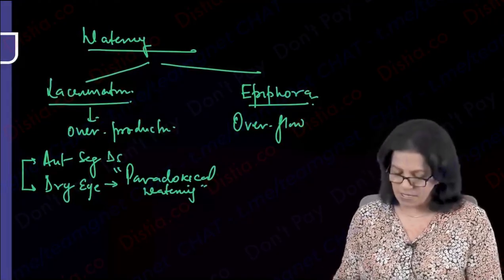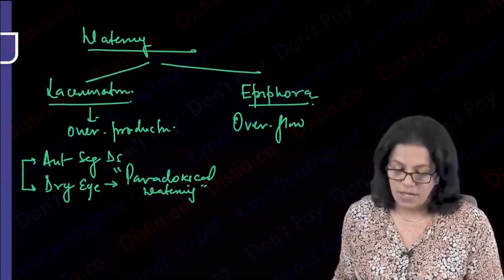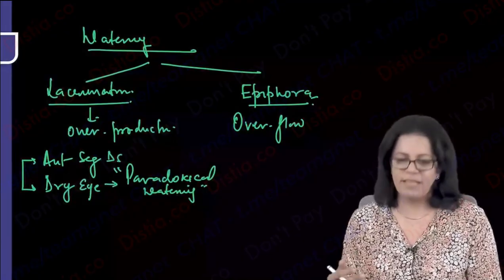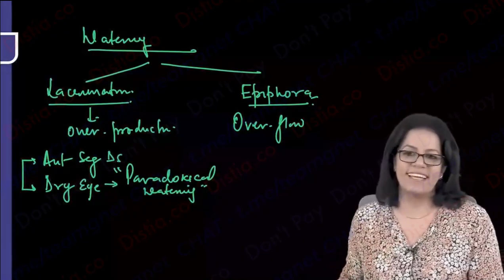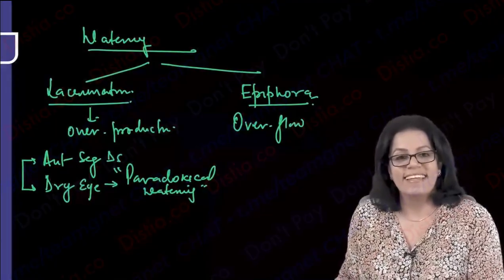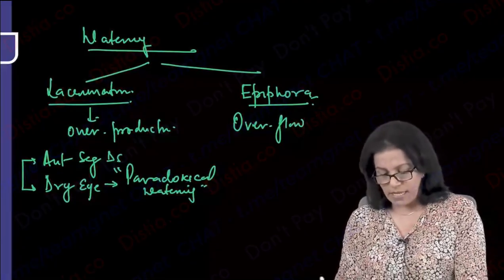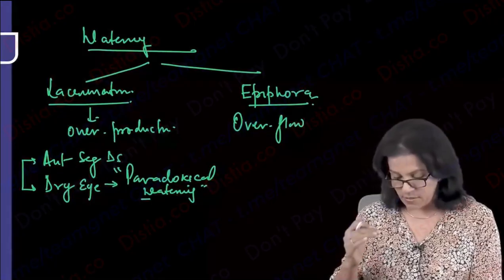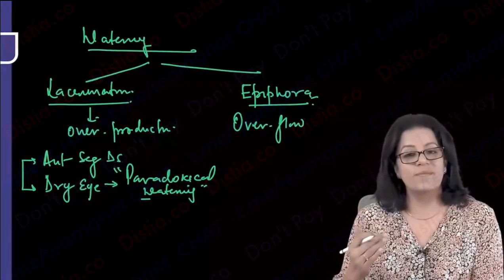But just remember this term, it can happen. It is said to be due to hypersecretion of tears. But we will not go into too much detail in that, and I don't want to cause much confusion. Just be familiar with the term. Okay, this is one thing. So, these are the two causes of lacrimation.